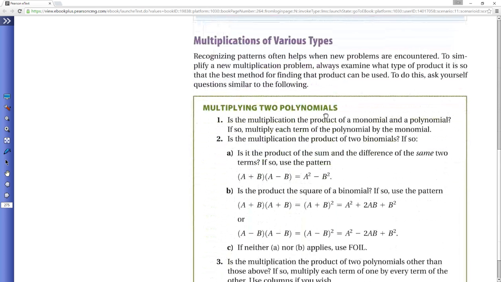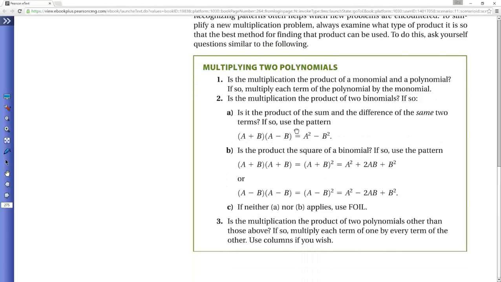Then they go into multiplication of various types. Remember, the focus right away was on these special kind of products where we have a FOIL, right? If I have a binomial times a binomial, and then they went through difference of squares, and then squared two-term things, or squared binomials. Well, it's all kind of summarized here.